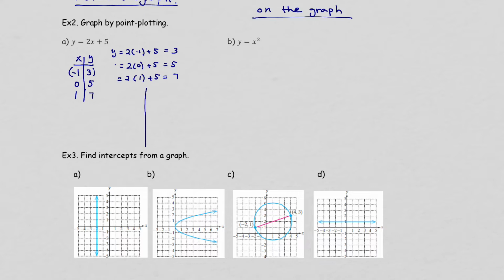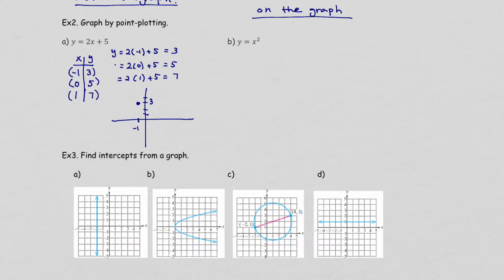And when you graph this, there are 3 points, right? When x is -1, y is 3: 1, 2, 3. When x is 0, 5. Oh, wait, hold on. Let me go back. -1, 3, so it will be this point, right?